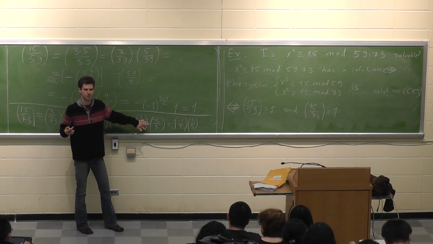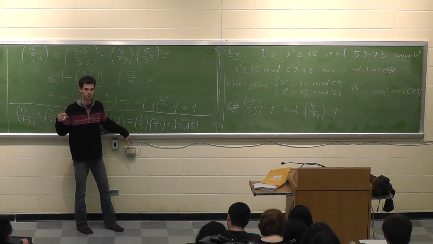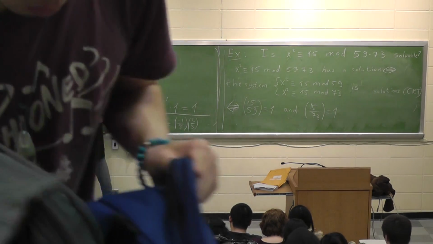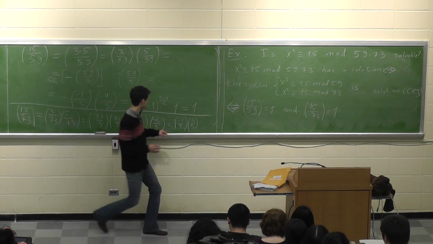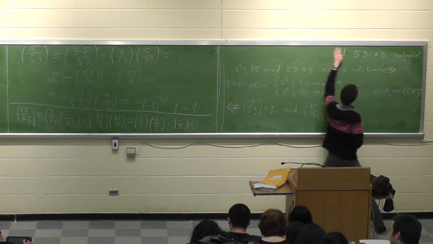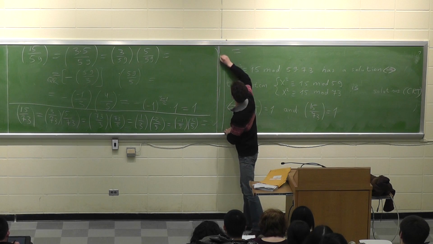I mean, of course, with modulus 5 you can just see all the squares. All the squares are 1 and minus 1, because 1 squared is 1, 2 squared is minus 1, and 3 squared and 4 squared are the same as 2 squared and 1 squared. So there is no problem here, but of course you can use the general algorithm as well.